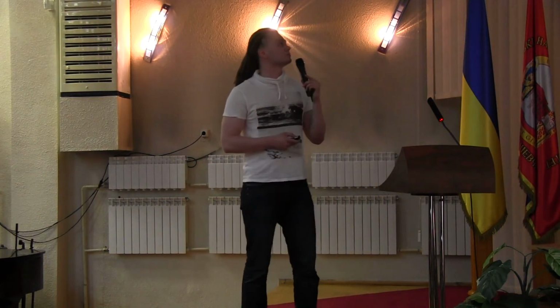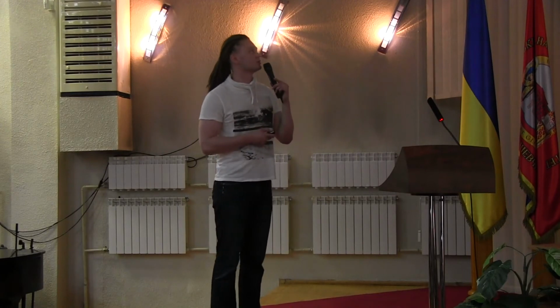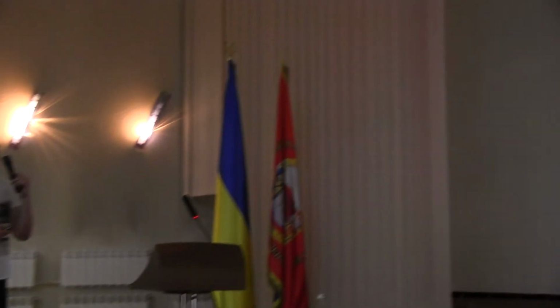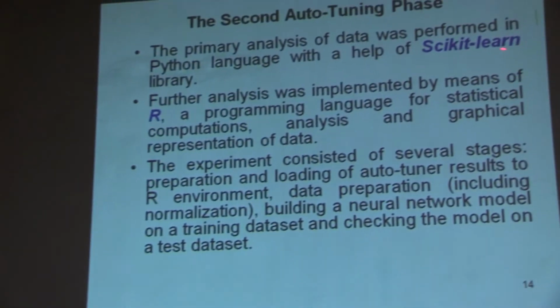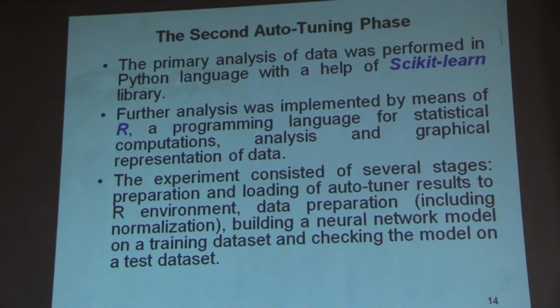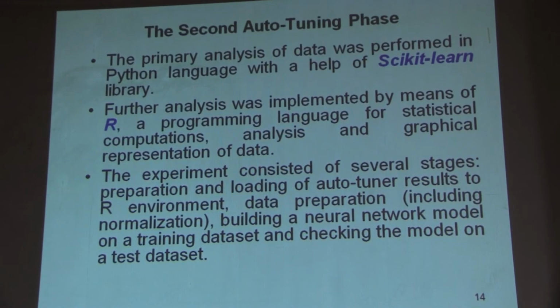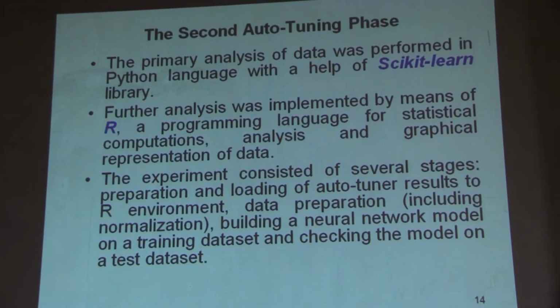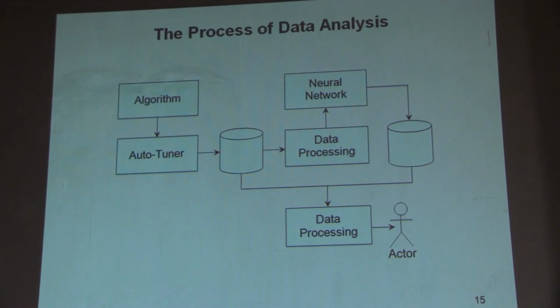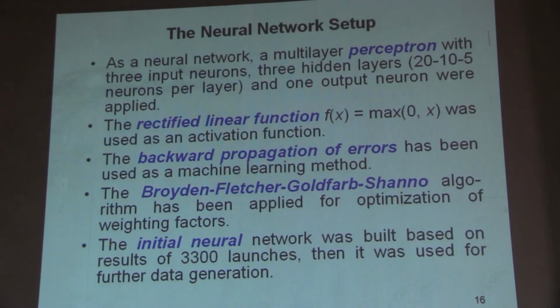So, the second primary analysis was with Python and the Scikit library, then R was used. The machine learning model was a multi-layer perceptron.